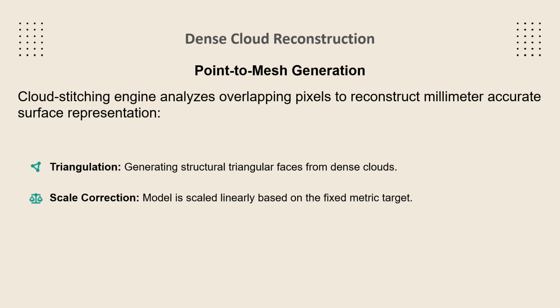Software applies surface triangulation algorithms to mathematically join these dense points to form structural triangular faces, encasing the continuous closed geometry of the arm. The final important step is scale correction.